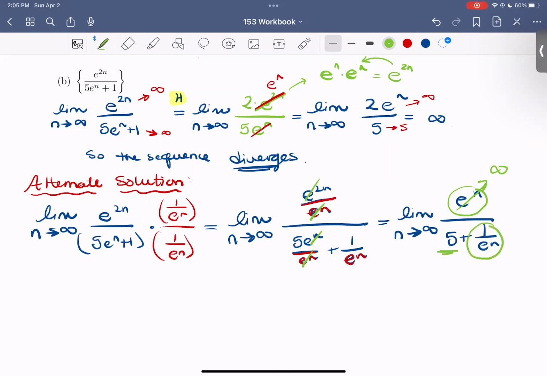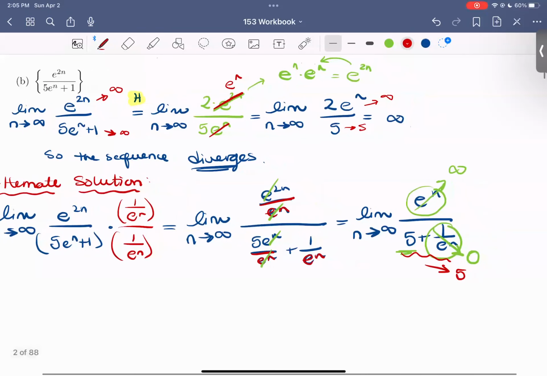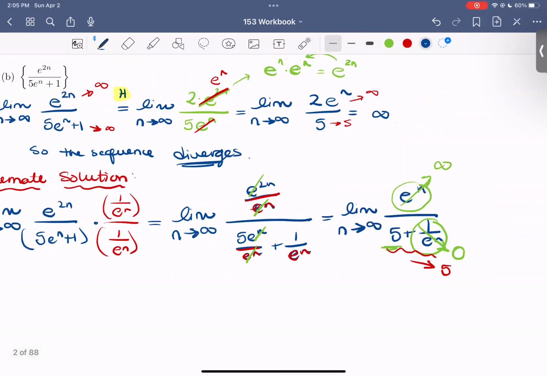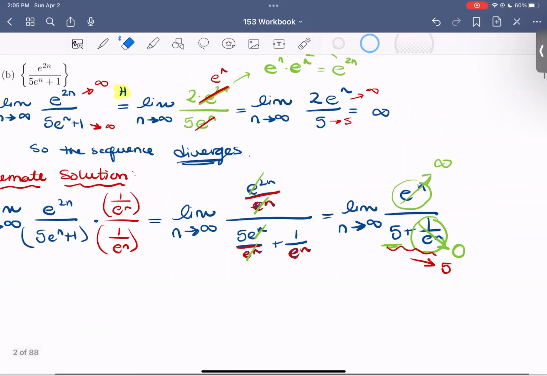For 1 over e to the n, e to the n blows up, so that fraction goes to 0. That means the entire denominator will just go to a fixed 5, because it's 5 plus 0 in the end. Again, we're seeing that behavior where the numerator blows up and the denominator is a fixed constant. So this limit will also blow up, and we go to infinity again.